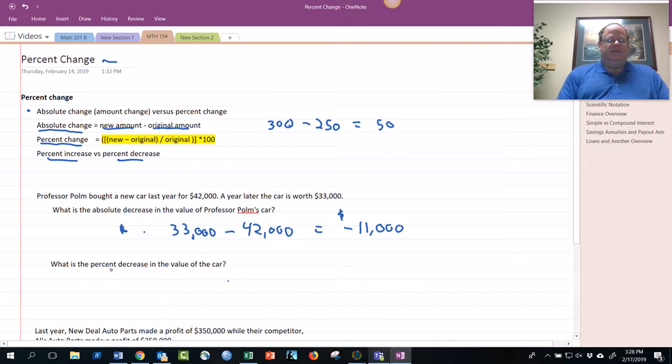Now, what's the percent decrease? Remember the formula: new minus original, in parentheses, divided by original, times 100.